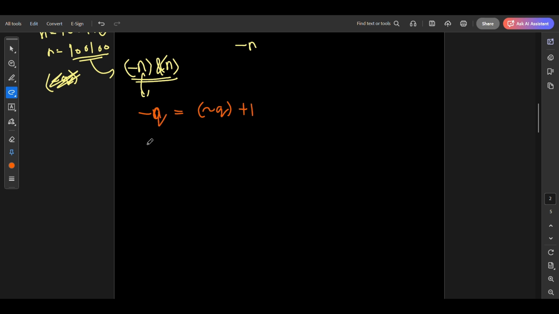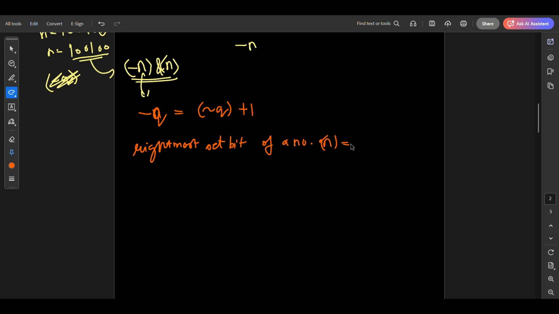Okay. So if I'm trying to find the rightmost set bit of a number n.